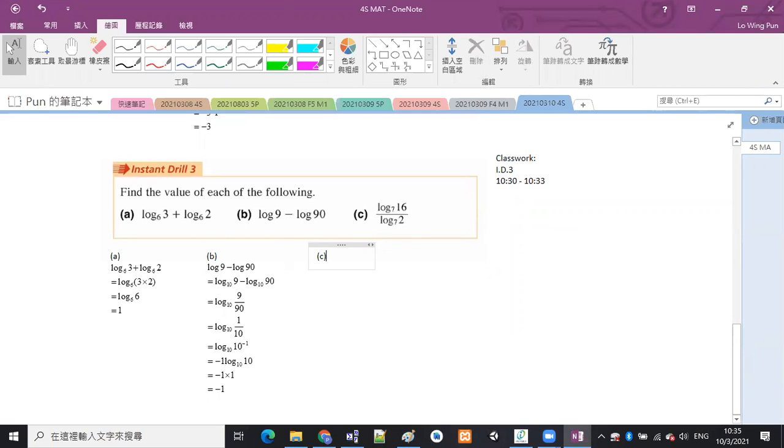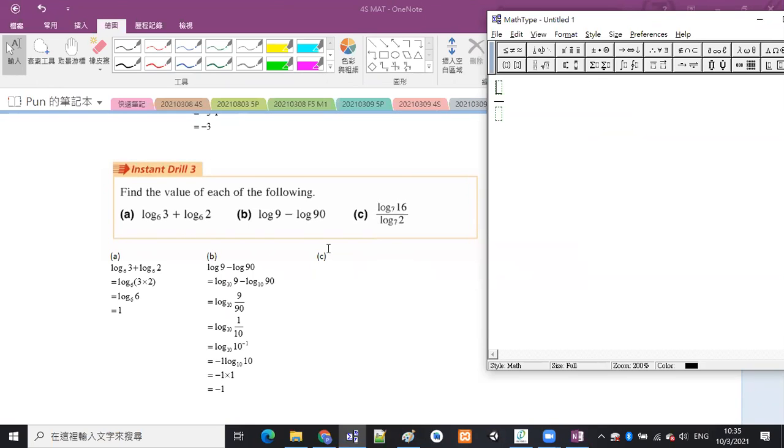And then part C. So we have the fraction log 16 base 7 divided by log 2 base 7. Okay? And first, you cannot cancel the log. Please remember this. And then we have number 16 and number 2. So we may change the 16 to be a power of 2. So we know that 16 can be written as 2 to the power 4. And then it is like this.